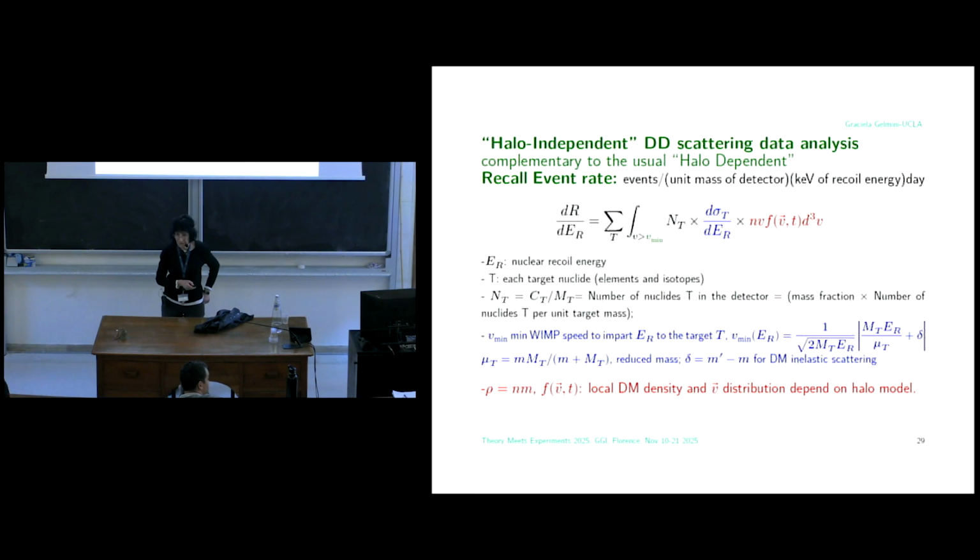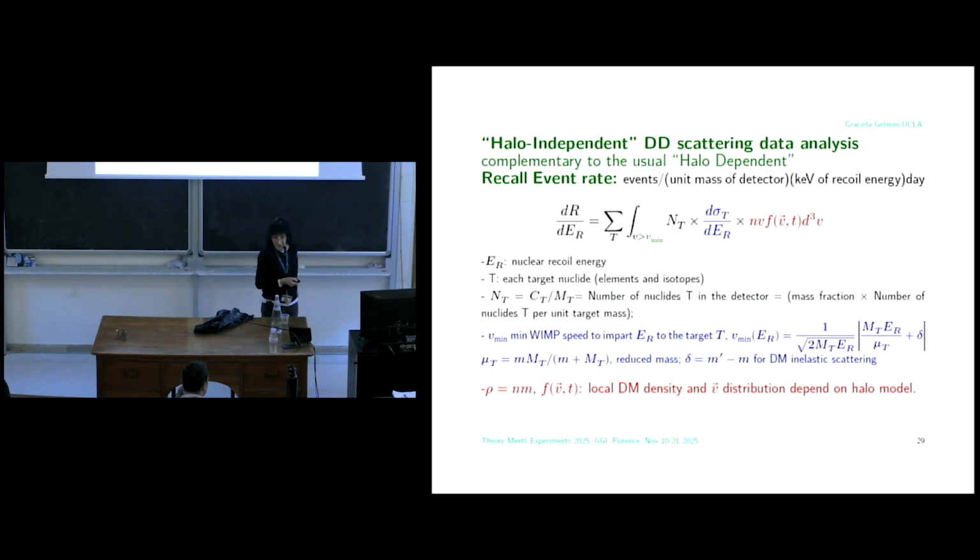nuclide in your detector. Usually in your detector, even if you have only one element, for example xenon, you have several isotopes, right? Or some detectors have more than one element even, and then they have also their isotopes. Isotopes and elements I'm calling nuclides.